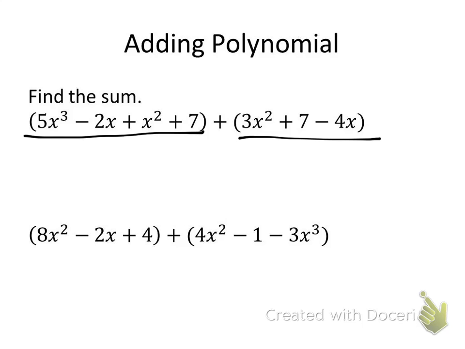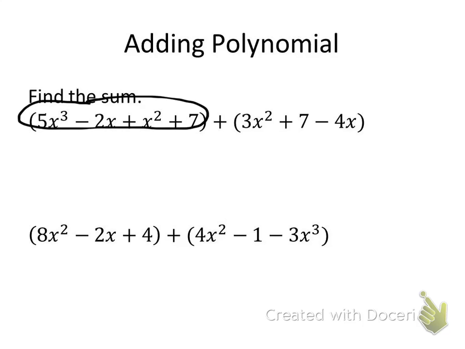So let's look at this first polynomial. Are those terms in standard form? No, they're not, because they've got to start out with the largest exponent. You say, but it does start out with the largest exponent, but it has to get smaller after that in order. So let's write this in standard form.